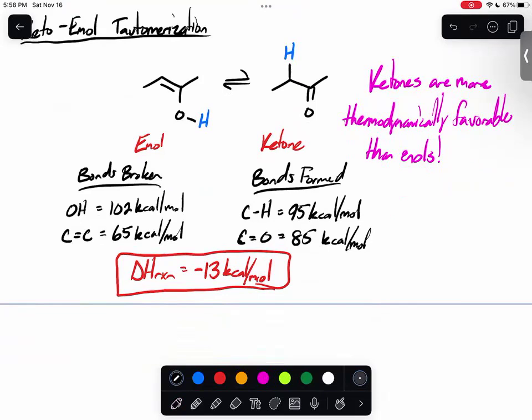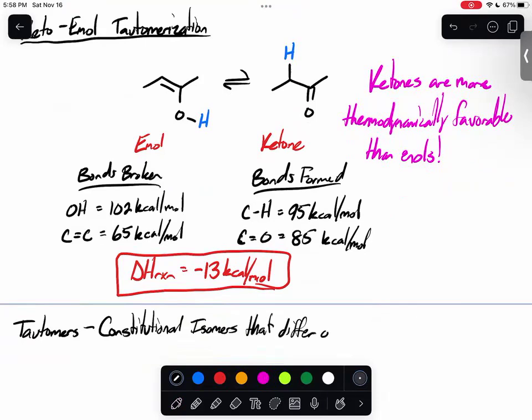And what a tautomer is essentially, tautomers are constitutional isomers that differ only by the placement of a single atom.